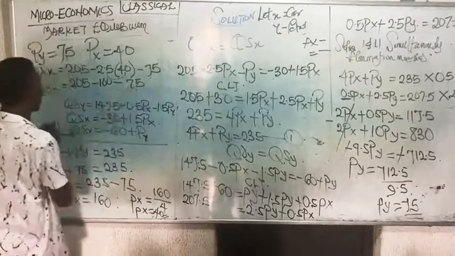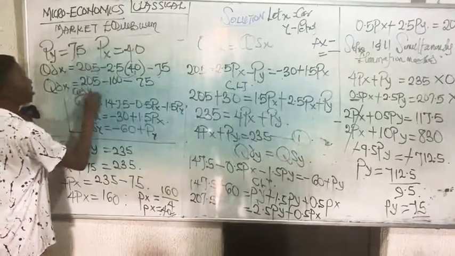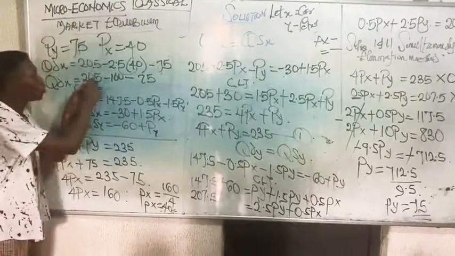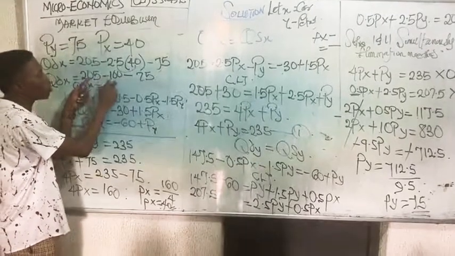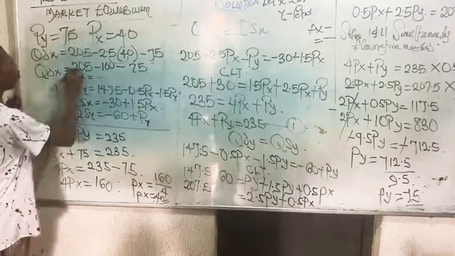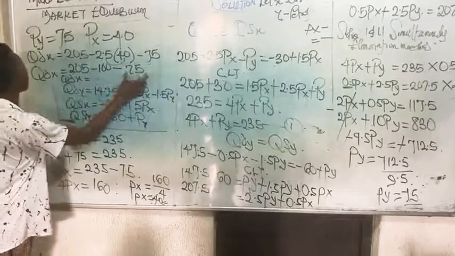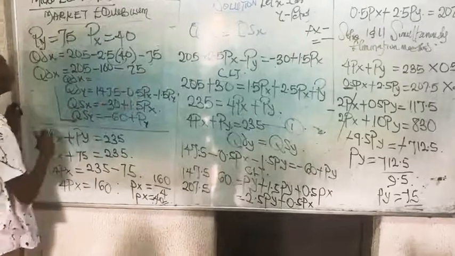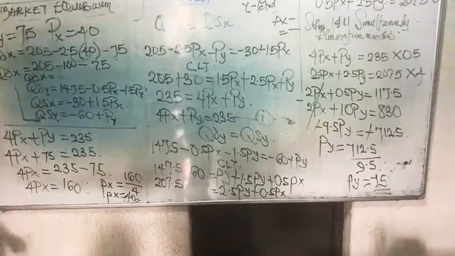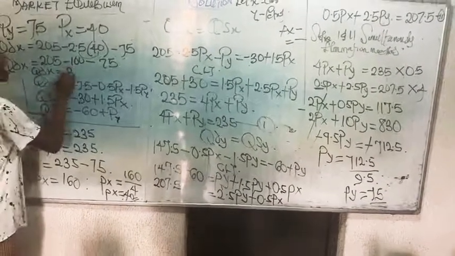So QDX equals 205 minus 100 minus 75, which equals 30.